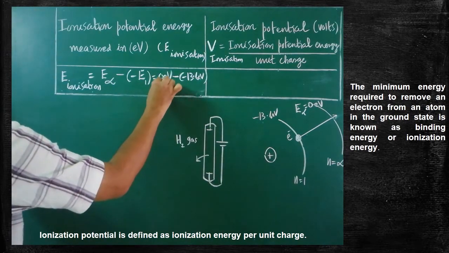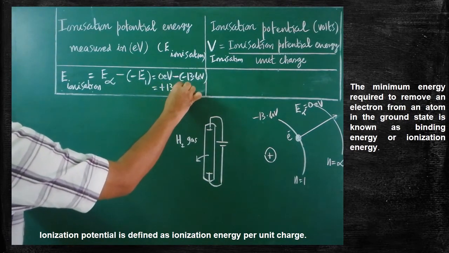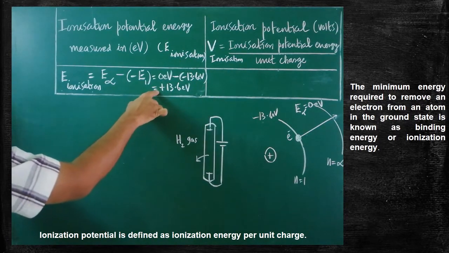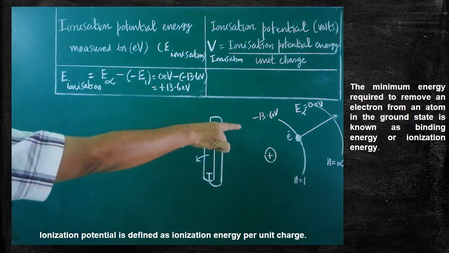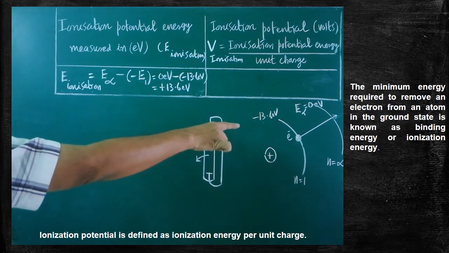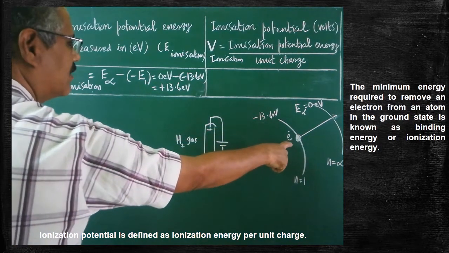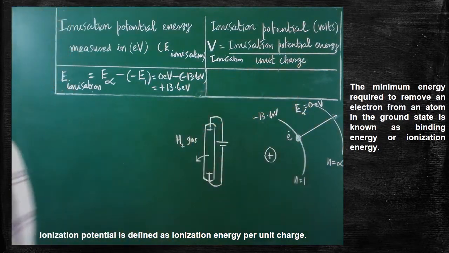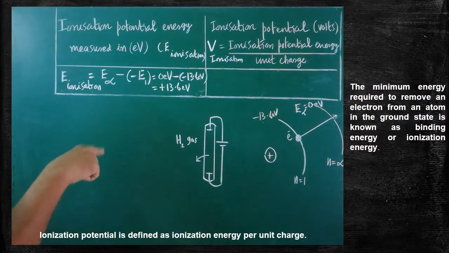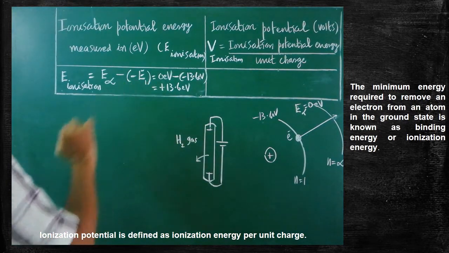After substitution, you will get plus 13.6 electron volt. The meaning is, plus 13.6 electron volt must be given to remove the electron from the first orbit to the infinite orbit, or to remove the electron from the atom. This much energy must be given.